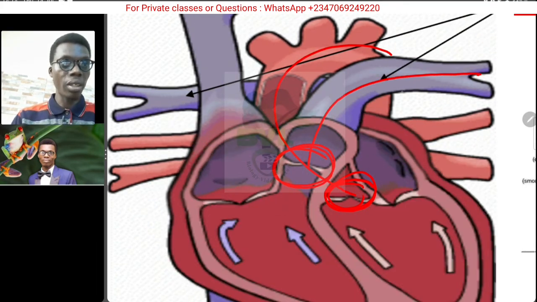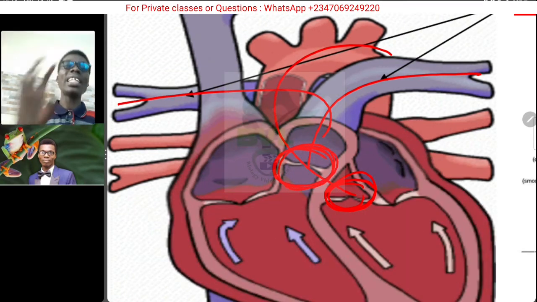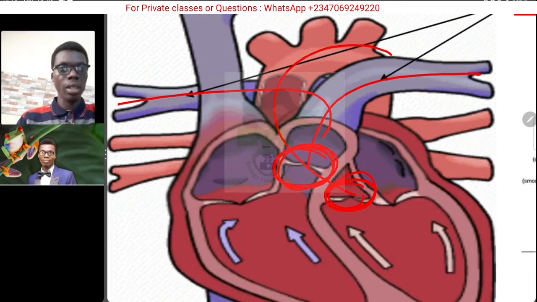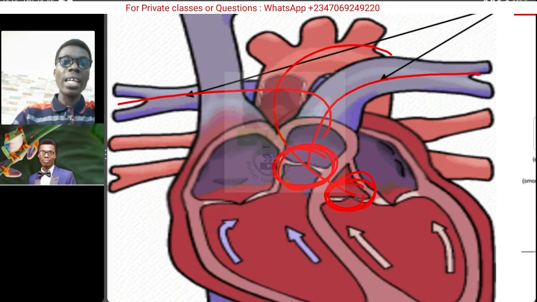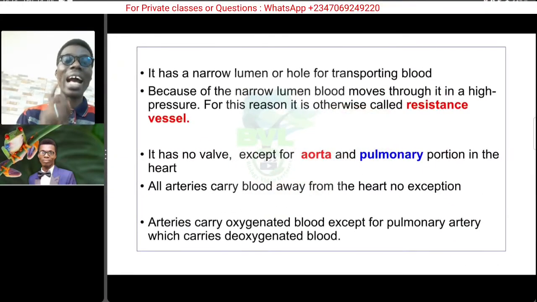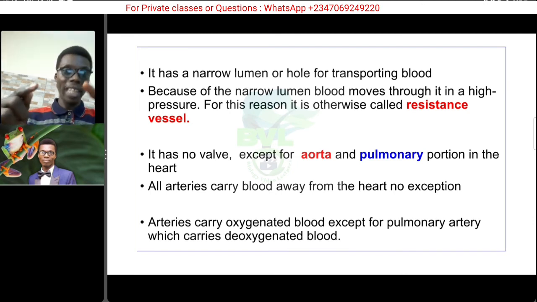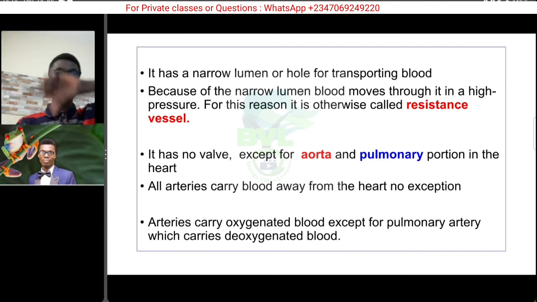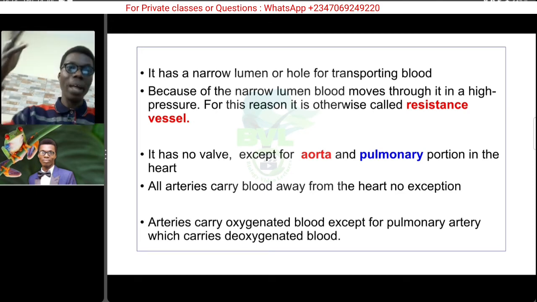This is the pulmonary artery, left and right. These are the only two arteries in the human body that have valves, and it is within the heart. Other arteries don't have valves. That's why I said it has no valve, except for the aorta and pulmonary portion in the heart. Even when the aorta goes out, along its length, there are no valves. It's just the part within the heart.